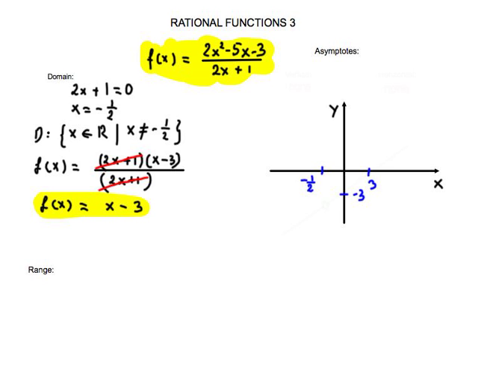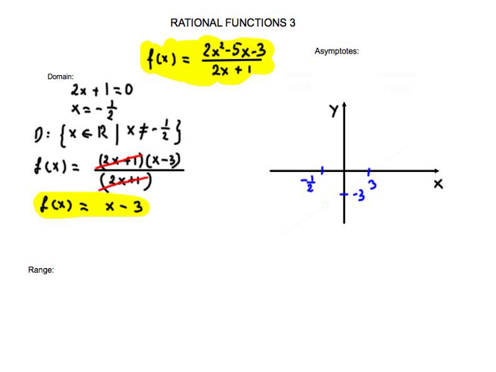And then the question is, I have a restriction. Yes, we do have a restriction. So does that mean that my line is supposed to be interrupted? Yes, this line is not a continuous function because of the restricted value in the domain. As you graph that, you will see that there is a point of discontinuity at -1/2.